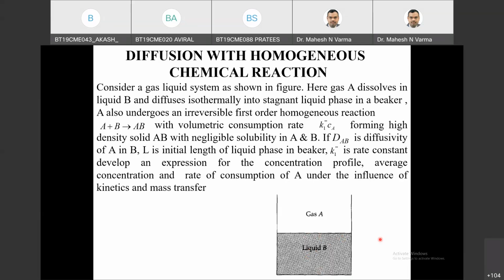Why is concentration not varying in theta direction? Uniformity. Akash, why is concentration not varying in theta direction? It is the same liquid. Yes, if we are considering Z direction.